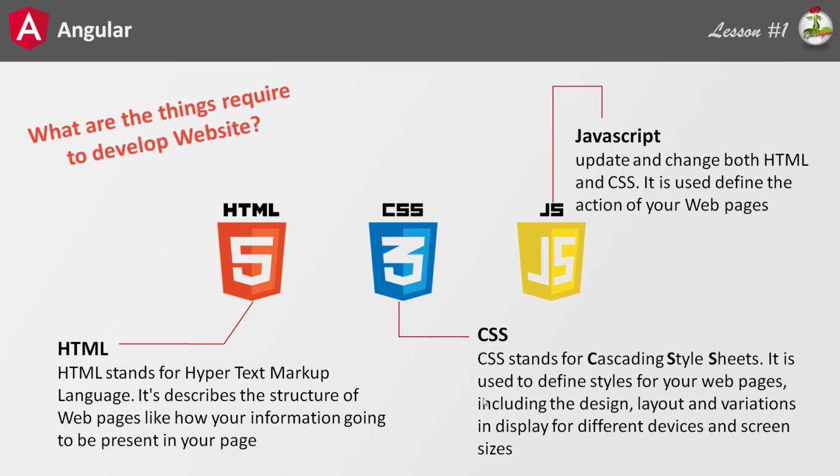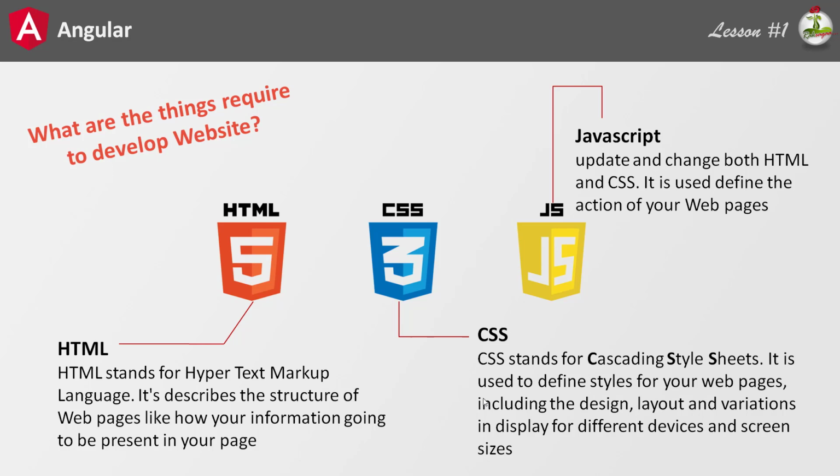It is literally like designing and giving a look and feel to your web page. To define the look and feel of your web pages, CSS comes into the picture to help you make your website or web pages colorful.